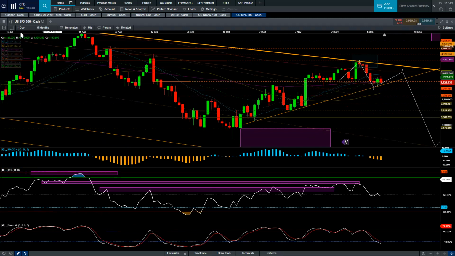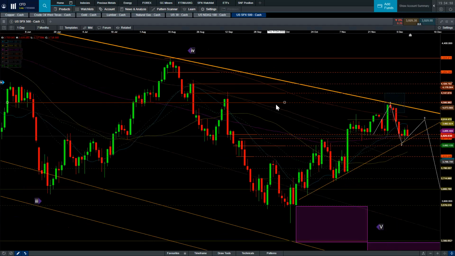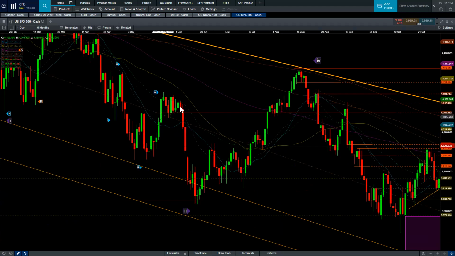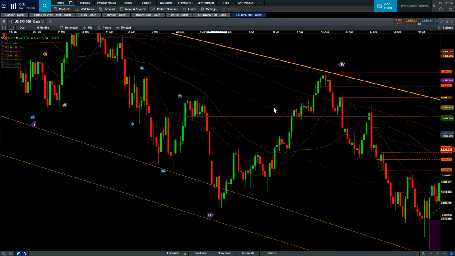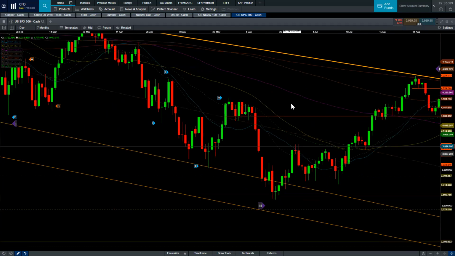Look at that. So here is the daily chart. Look at this. I remember that lots of people said, oh my God, this is a fantastic bullish consolidation. It's going to rip up to the upside, but it ripped down to the downside and just screwed everyone.